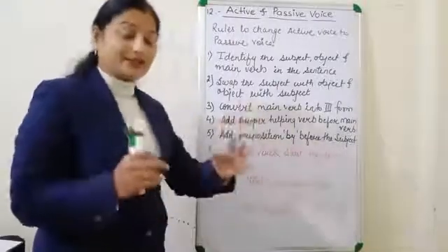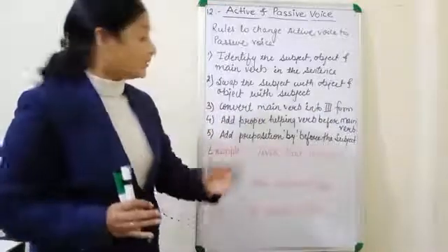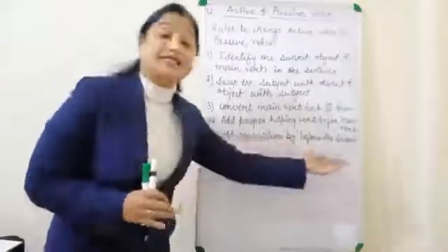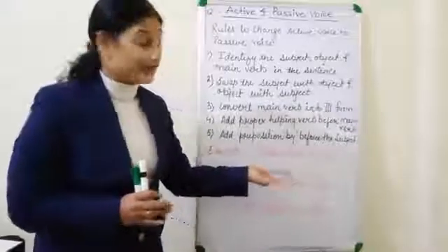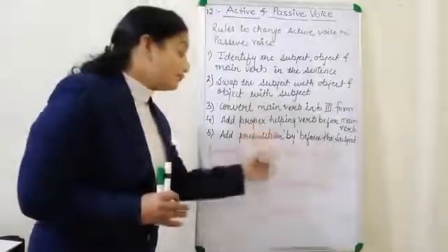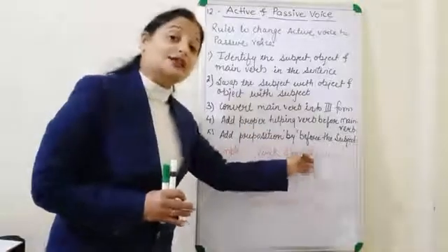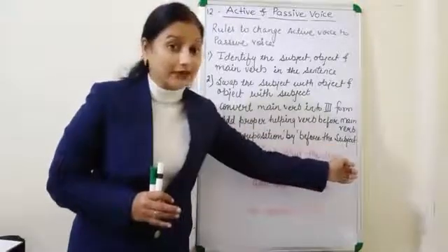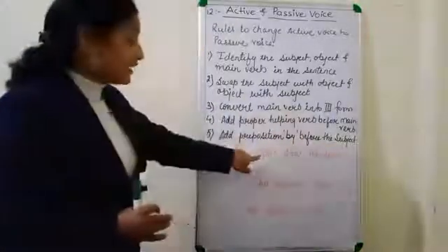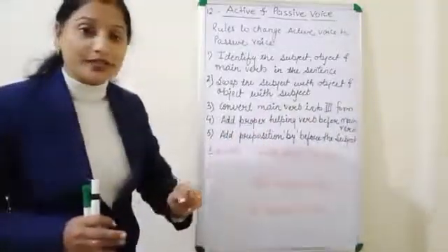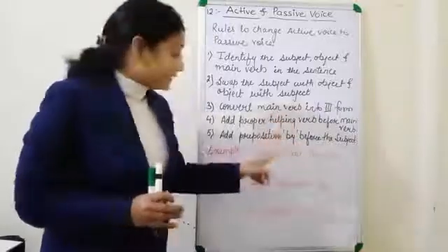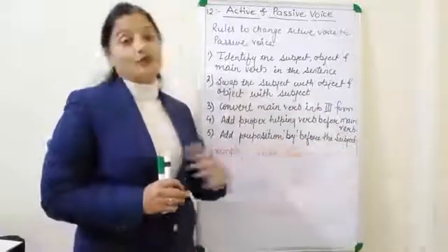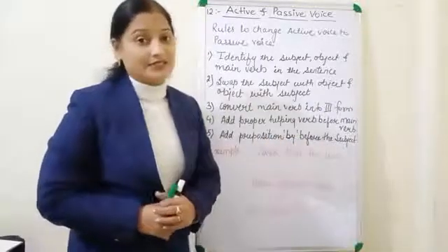So, what is the active voice? When the subject performs the action and the object is going to receive that. Here, Vivek is going to shut the door. So, Vivek is going to do some action. So, this sentence is your active voice or active sentence.